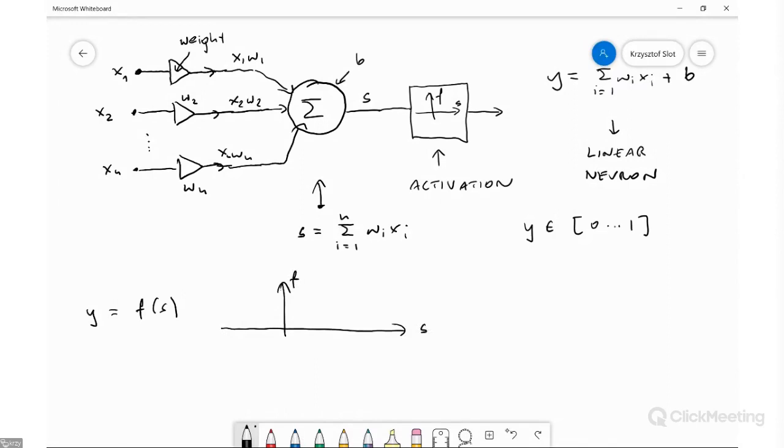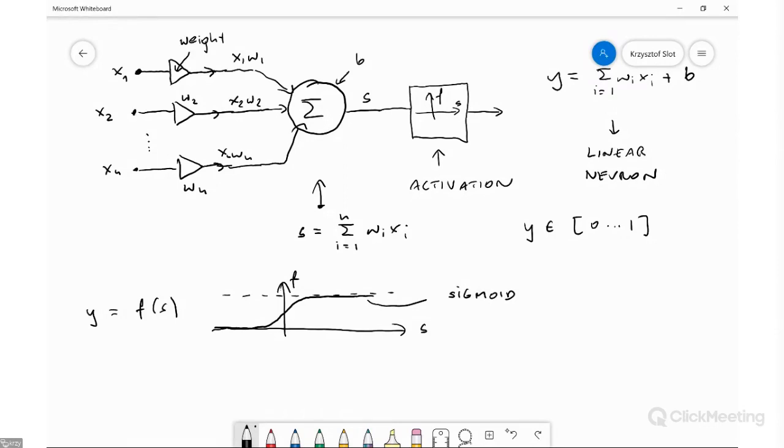because it needs to be a function that squeezes values that initially cover the whole range of real numbers to an interval 0, 1. So a possible transformation is, for example, a logistic function, or a sigmoid function. So sigmoid is any function of this shape.